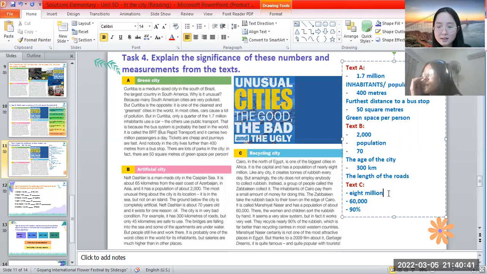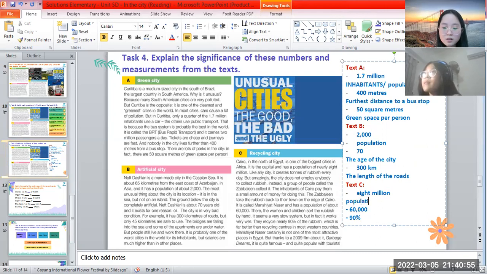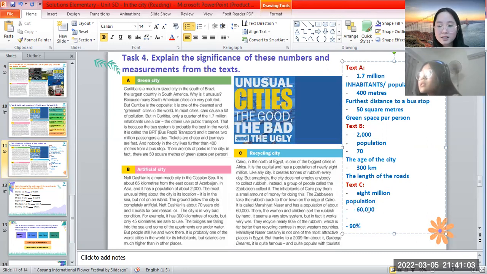About taxi, 8 million. Population. The population, Cairo's population. 60,000. What is it about?